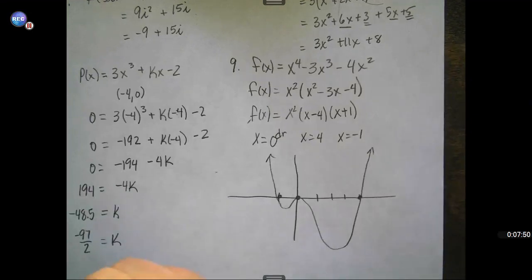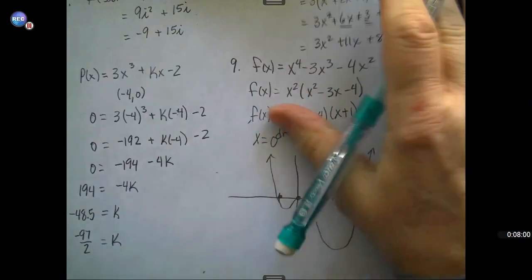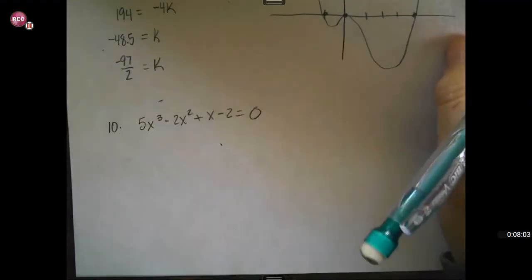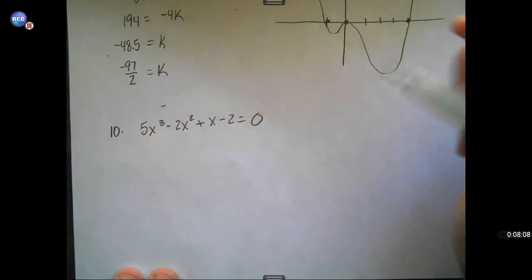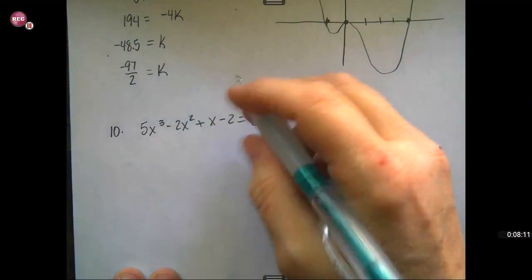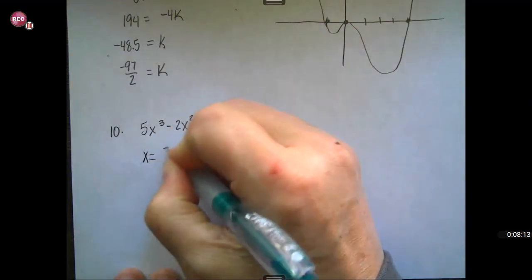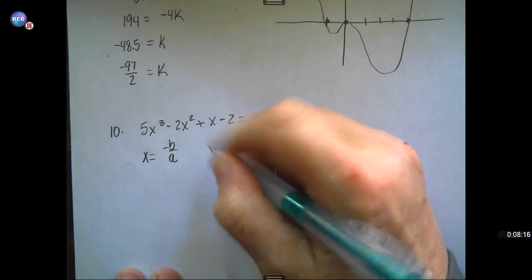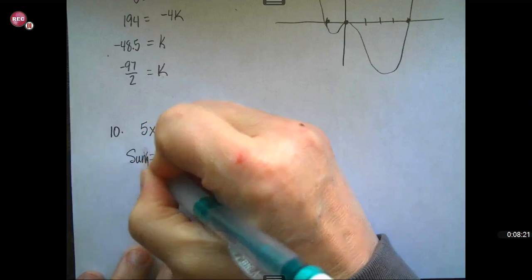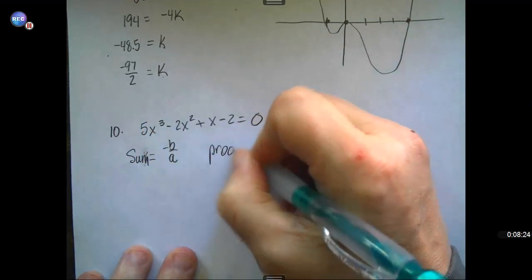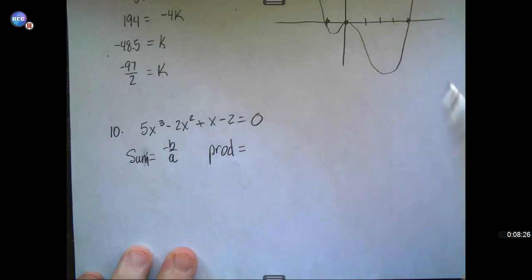Number 10, we have 5x cubed minus 2x squared plus x minus 2 equals 0. And we're supposed to find the sum and the product of the roots. A lot of you had difficulty with this on the quiz, but basically, the sum of the roots is the opposite of b over a. And the product of the roots, remember, it's not c over a.